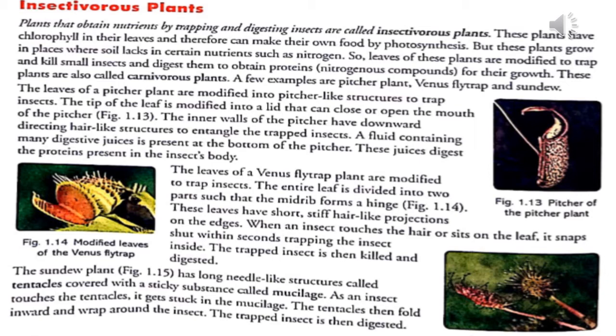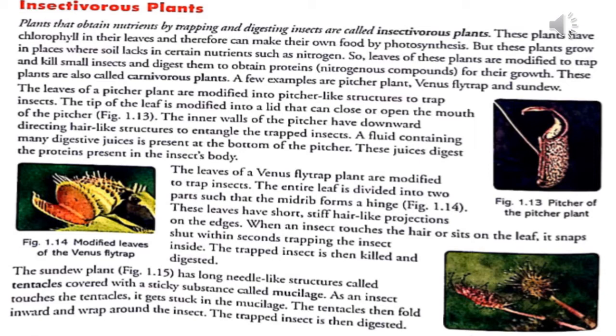Another example is the sundew plant, figure 1.15. You can see right side at the bottom. Sundew plant has long needle-like structures called tentacles covered with a sticky substance called mucilage. As an insect touches the tentacles, it gets stuck in the mucilage.